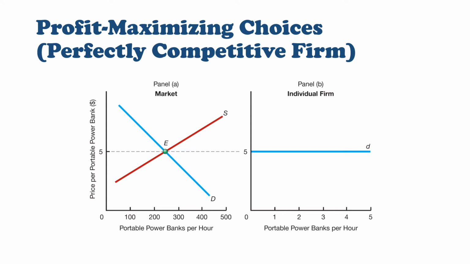The equilibrium price is $5. So the market sets the equilibrium price, and then on the right hand side, the firm has to sell their product for that price. The market sets the price, the firm has to charge that price.